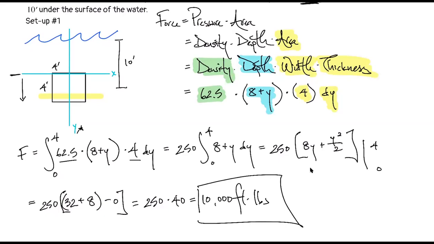So if I think about the smallest distance I have from the surface to the top, that is 8. And any slice below that, which is anything on the plate, I will have to add more y value to get that depth. Does that clarify the setup for number 1?